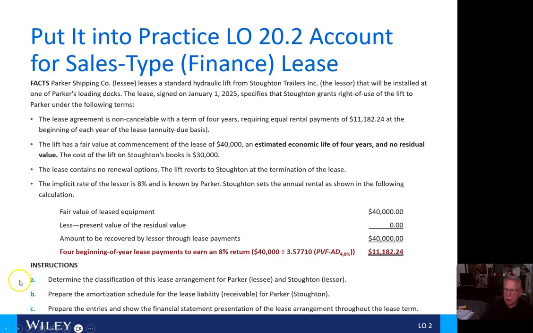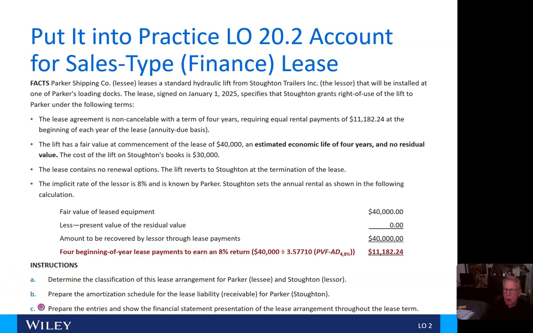So, instructions here. Alpha, determine the classification of this lease arrangement for Parker, the lessee, and Stroughton, the lessor. Bravo, prepare the amortization schedule for the lease liability, the receivable, for Parker and Stroughton.